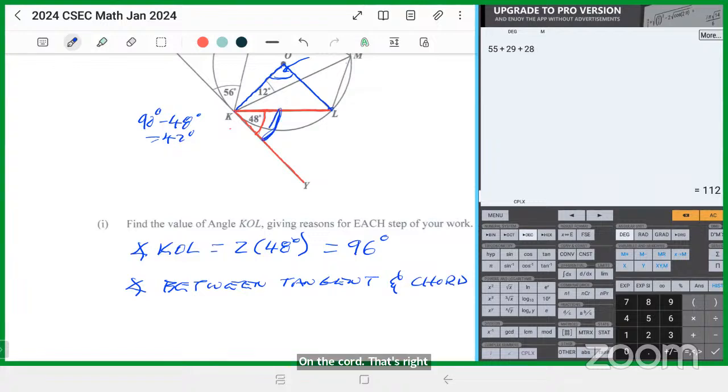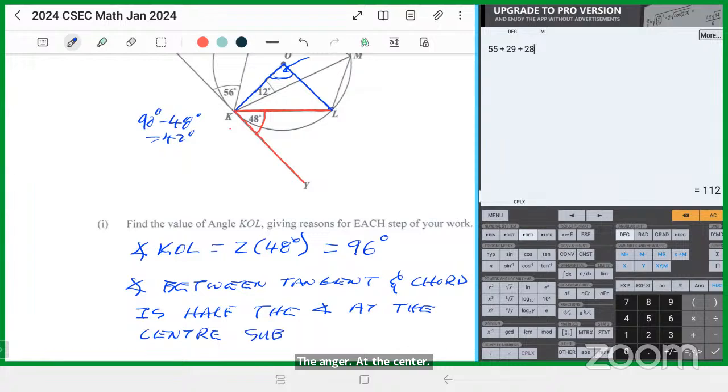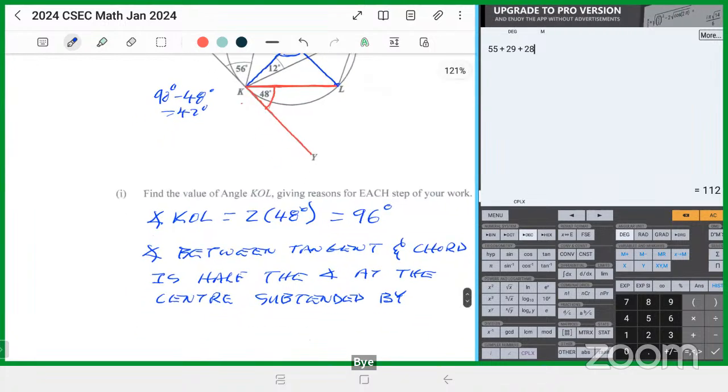The angle between the tangent and the chord is half the angle at the center subtended by that chord, the one chord we're talking about.